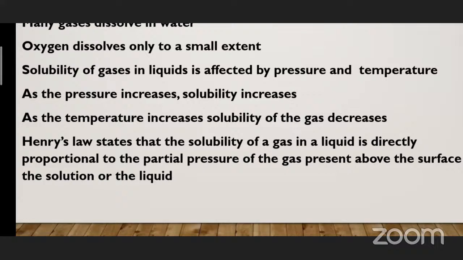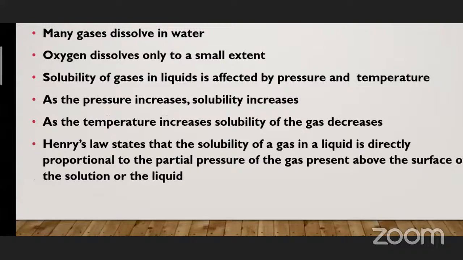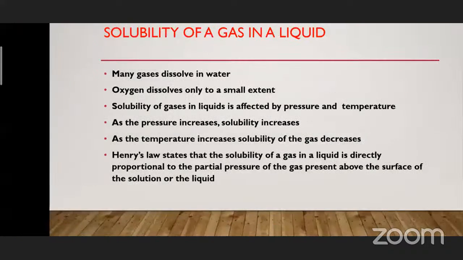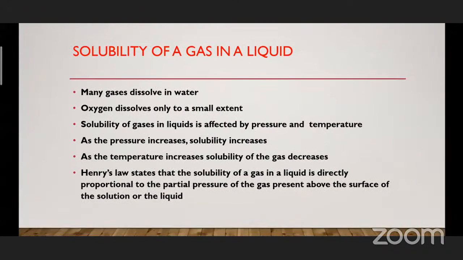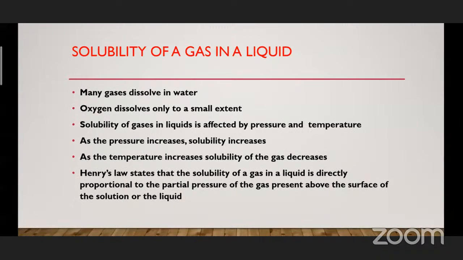That means if I increase the pressure of the gas, the solubility of the gas increases. If the pressure decreases, solubility decreases. So this is about Henry's law, and this law plays a very, very important role in our daily life. Let us see the applications of this.